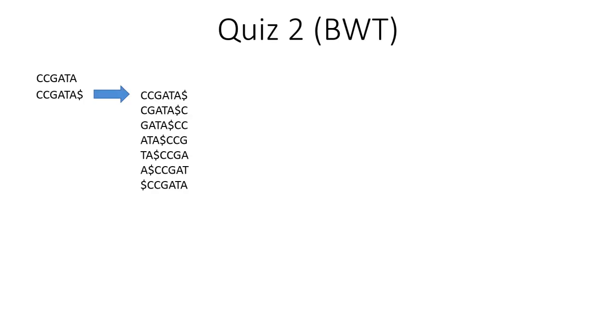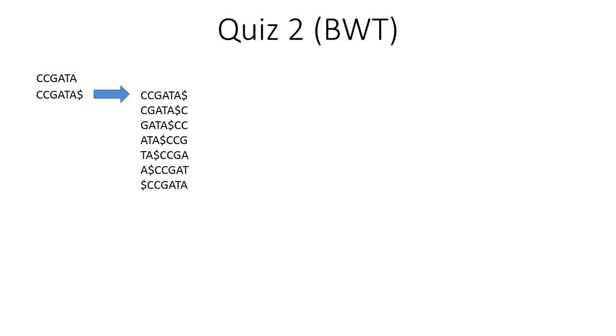The question from the assignment was this string up top. The first step is to put the $ sign at the end of the string. Then you enumerate the rest. Pay attention to the number of strings in this matrix. There are 7, and your new string is 7 bases long. Some people missed the question because they didn't find them all.